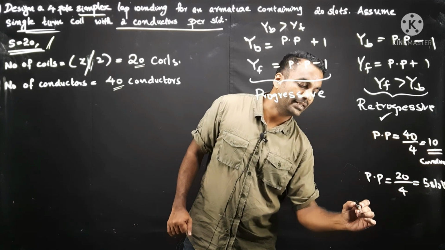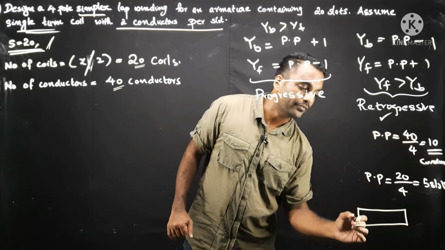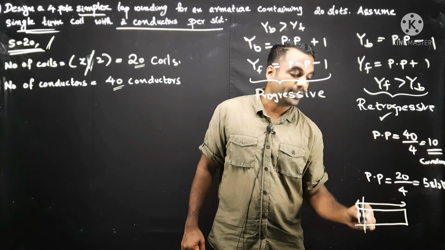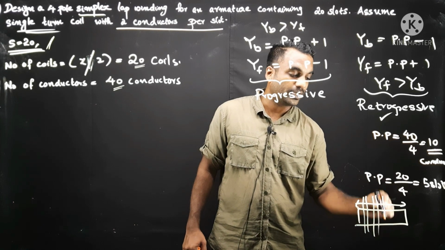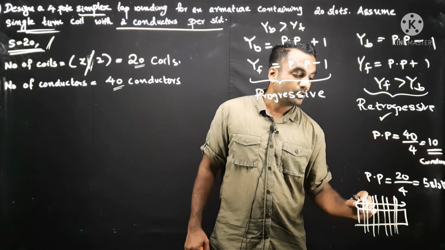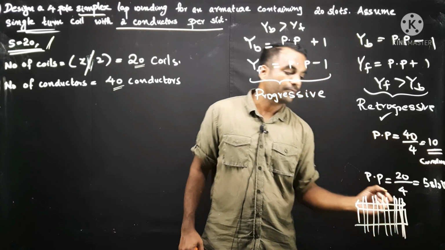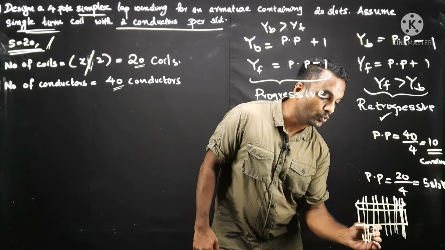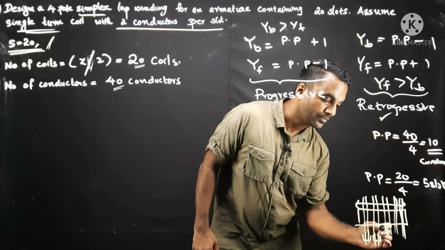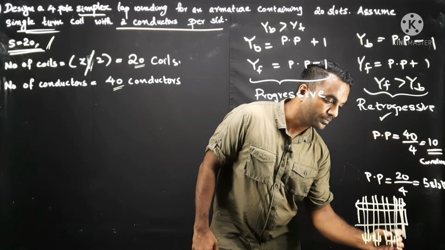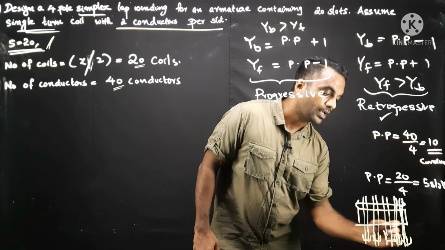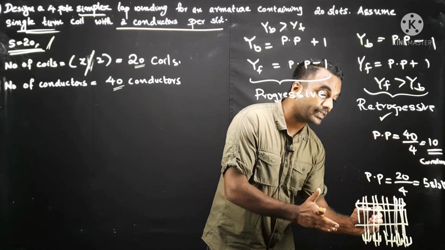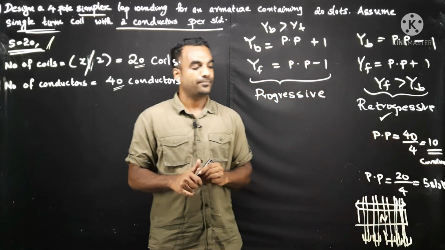Pole pitch will tell you about the distance under each pole. It can be specified in terms of number of conductors or in terms of number of slots. You know that in this arrangement we are having 2 conductors per slot. You are having 5 slots and 10 conductors under each pole. This is the north pole.